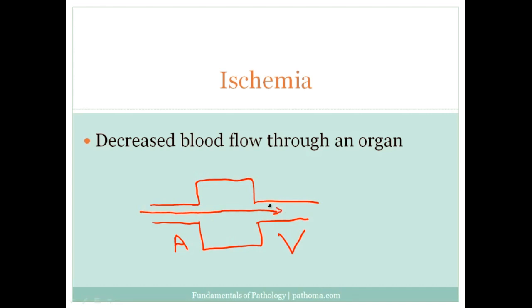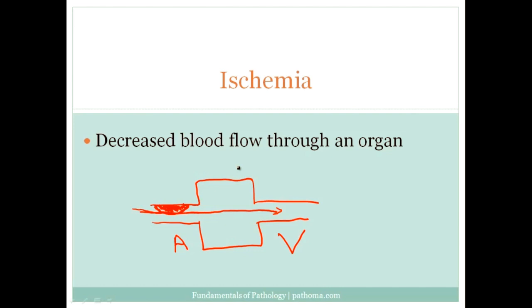And ischemia can occur in two ways. Actually there's three ways, but two very common ways. The first way would be for there to be a block in the arterial flow into the organ. So if there's a block in the arterial flow, for example, atherosclerosis, that would decrease the blood flow going through the organ, which would then result in ischemia within this organ. I think we're all very familiar with that.